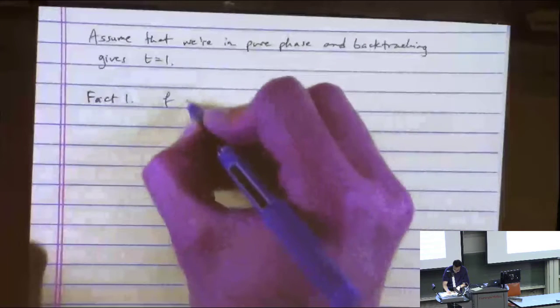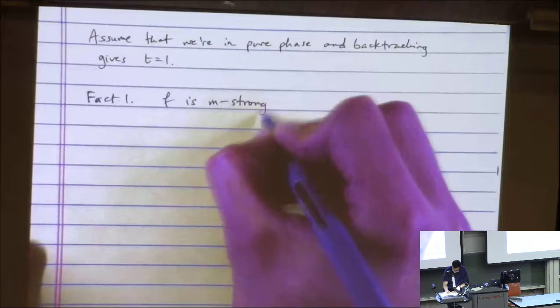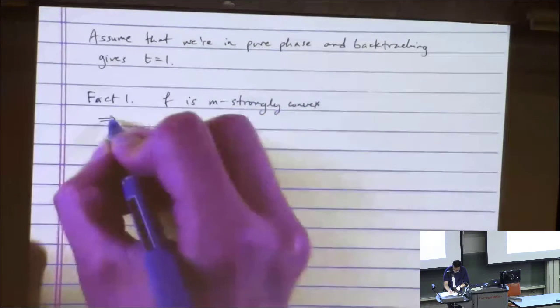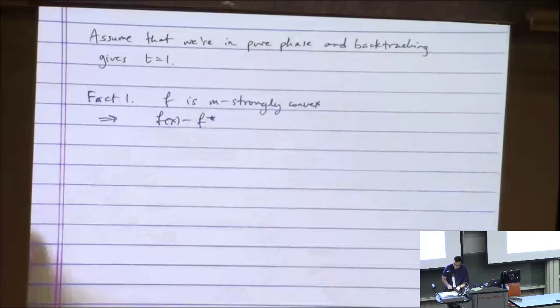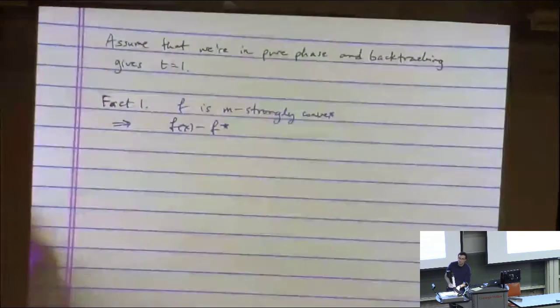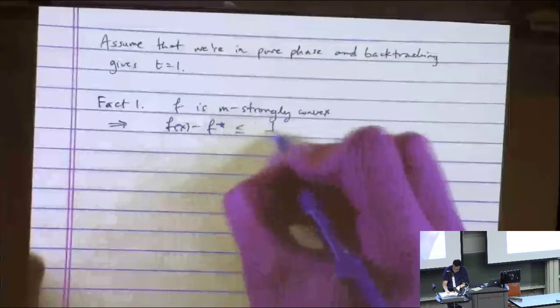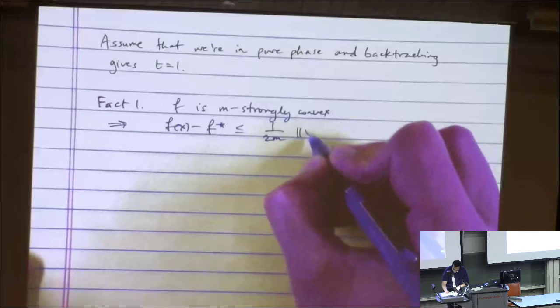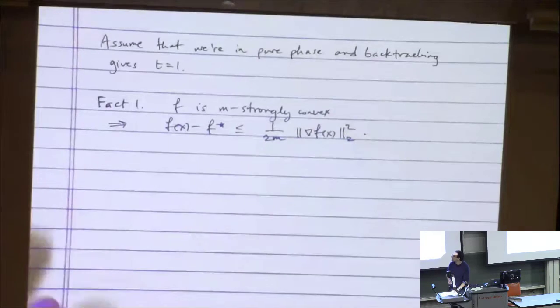If f is m strongly convex, then at any point x, the difference between f of x and the minimum of f is upper bounded by 1 over 2m times the norm of the gradient of f at x squared.